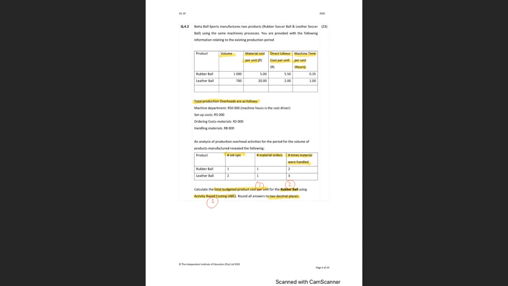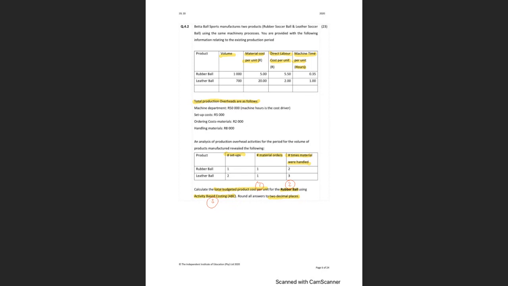So here, you're going to do the normal method of first looking at where your work actually starts. With the ABC method, remember there are 5 steps that we follow. So you need to look at where our work actually starts with a question like this, what you need to work out, and then what they are asking for at the end. So remember total product cost, and it is per unit.